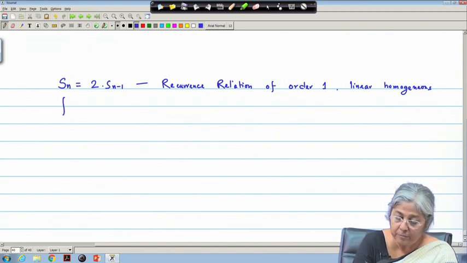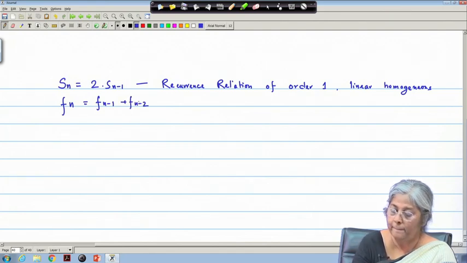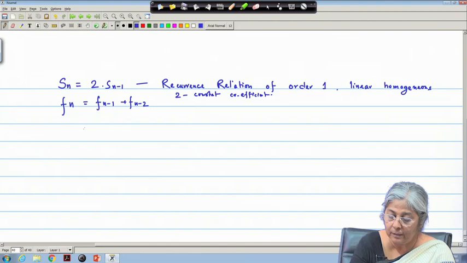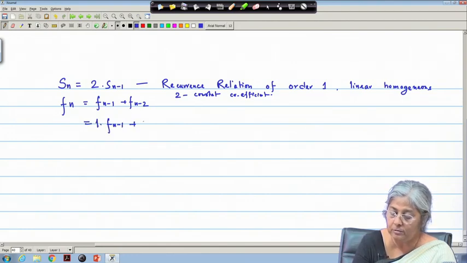Or the Fibonacci sequence, F_n equal to F_{n-1} plus F_{n-2}. Here the constant coefficient is 2, in the earlier one. So, we can write 1 F_{n-1} plus 1 F_{n-2}.